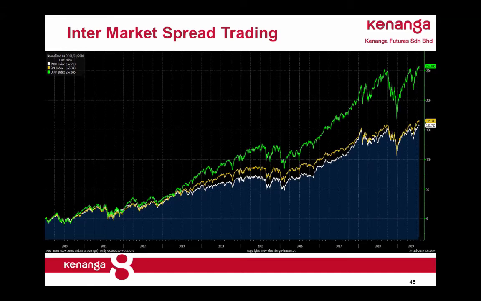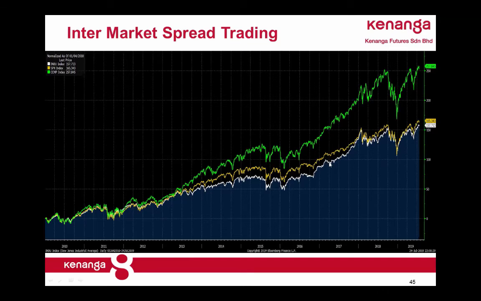Okay, from here there are a few strategies you can use. One of them is to catch mispricing. For example, as you can see here, the S&P 500 is having a higher percentage gain than the Dow.